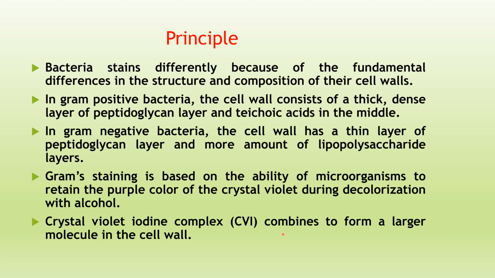A chemical reaction takes place and the crystal violet iodine complex develops, which is a very hard complex to remove. So the peptidoglycan layer is now packed with the crystal violet iodine complex.